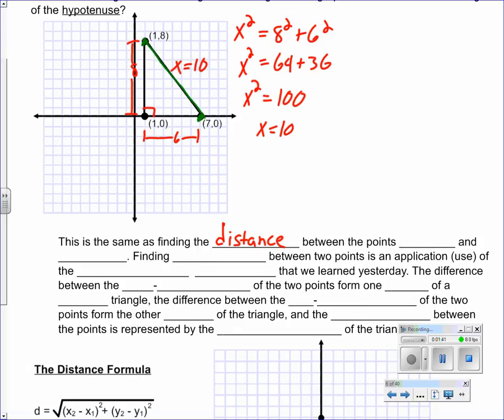This straight line right here, the hypotenuse of our triangle, that's the distance. So finding that hypotenuse is really the same as finding the distance between the points 1, 8 and 7, 0. So finding this distance, that's the first application we're going to look at today. By application, we mean something we use it for, of the Pythagorean theorem.